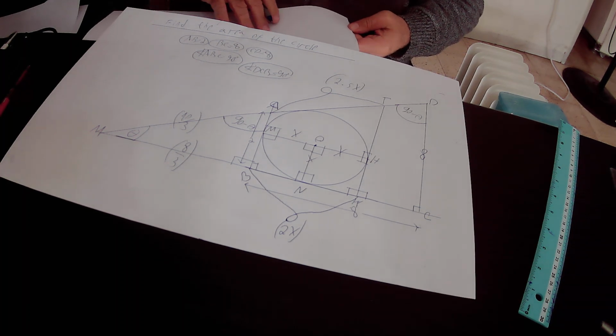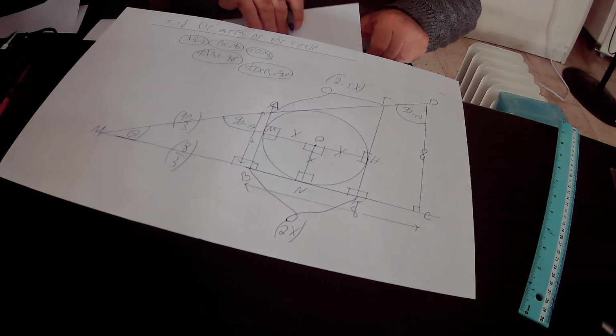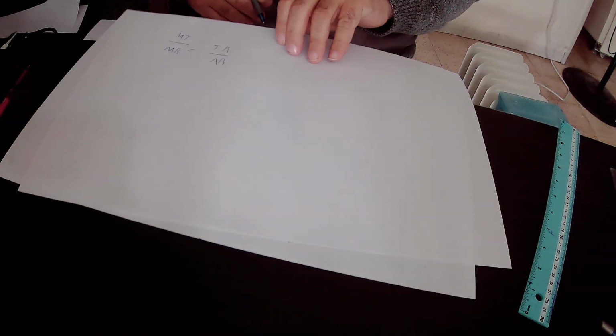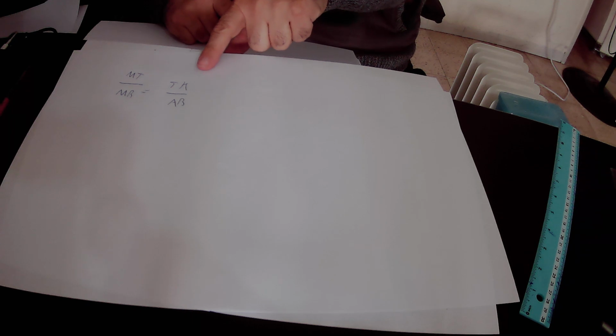Repeat again: MT over MB equals TK over AB.